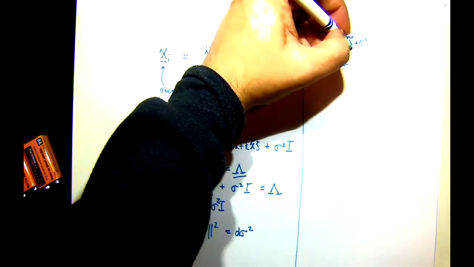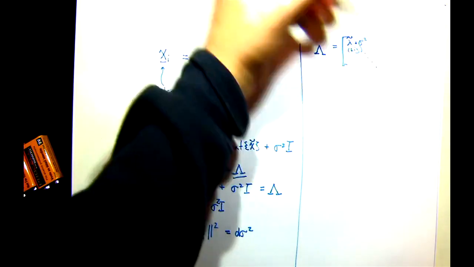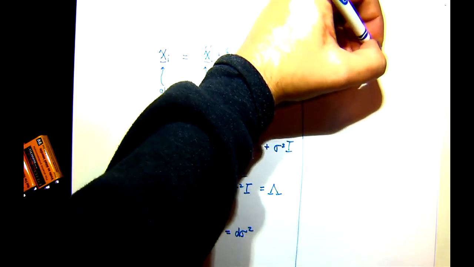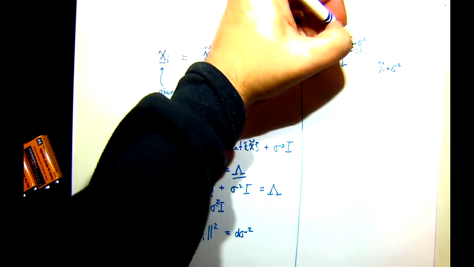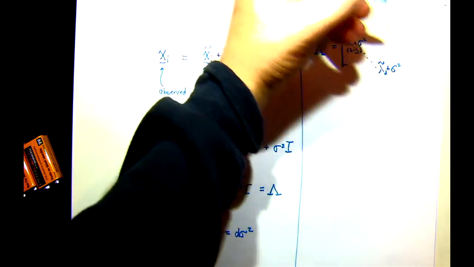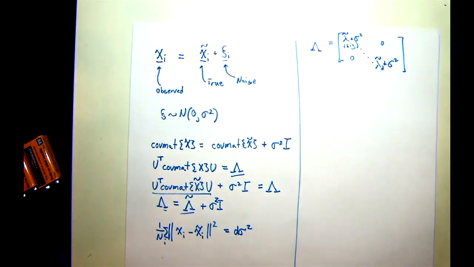And remember, this will be the biggest eigenvector. It'll go down the diagonal down to some lambda. Sorry, this will be 1 and this will be d. And then it's 0 off diagonal. So that's just how you could break down lambda.